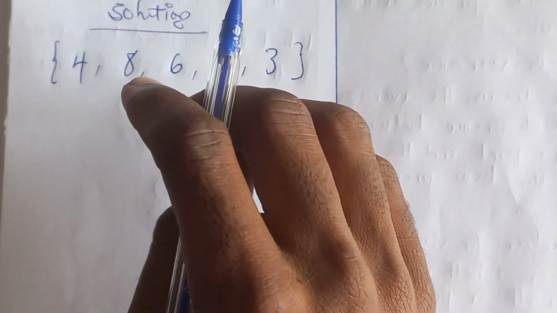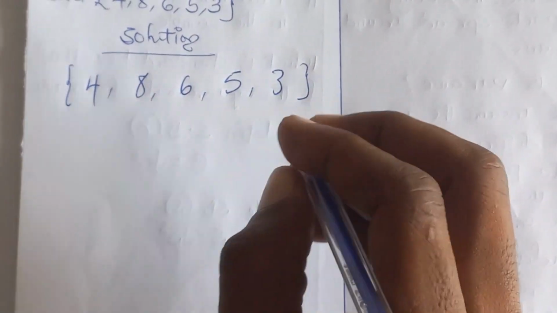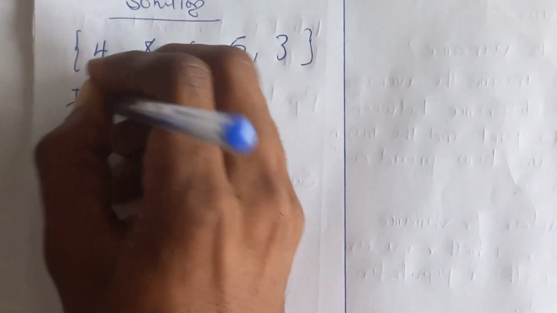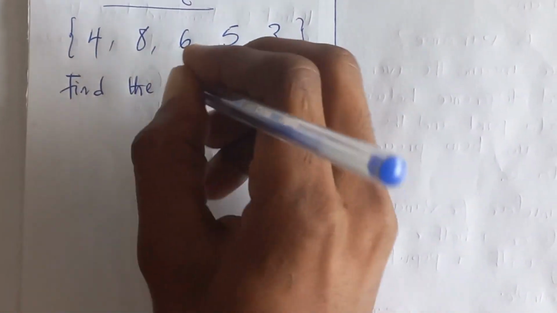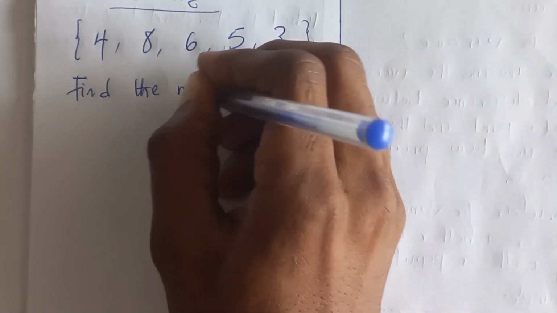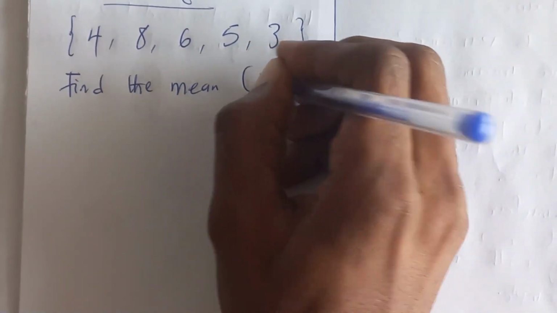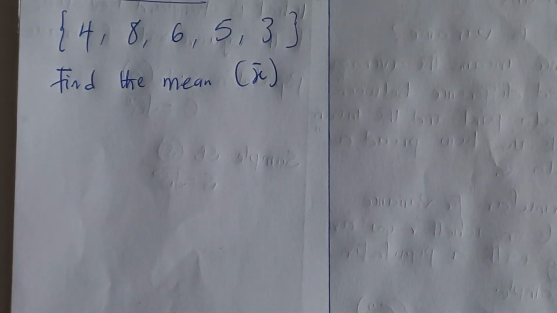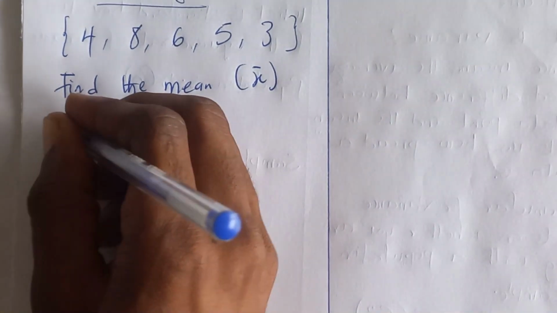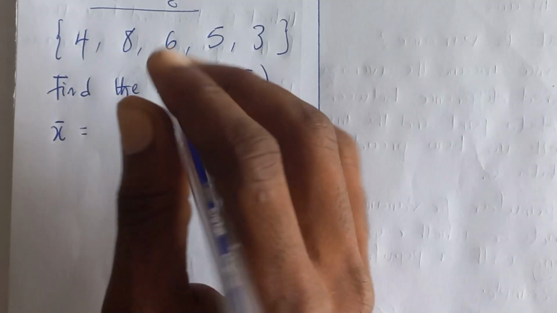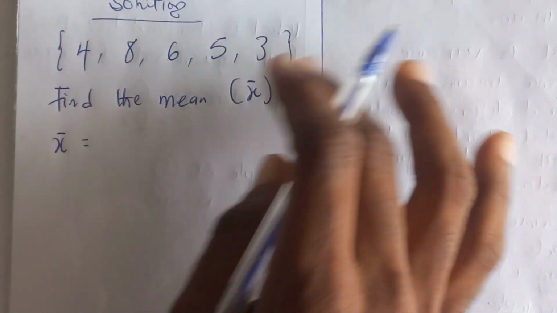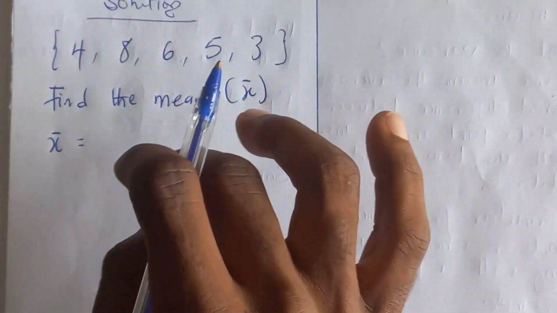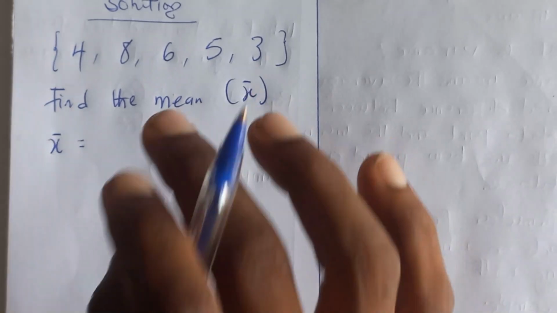What we have to do first is to find the mean, that is the x bar, since we are working with a sample. To find x bar, you sum up everything here and divide by the number of data points we have.